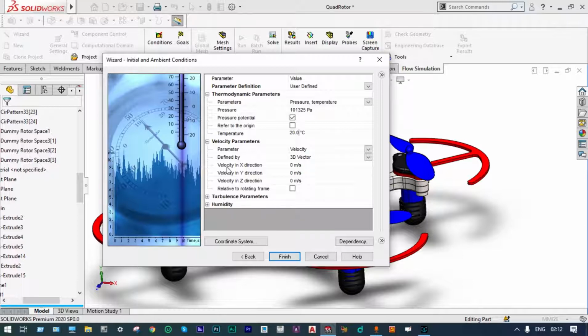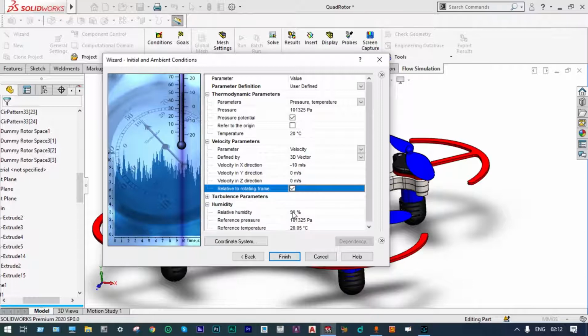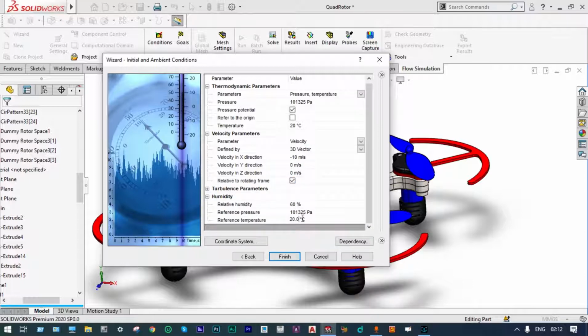For the velocity parameters, we consider that air will be moving along the x direction. Let us consider the velocity of air equal to minus 10 meter per second, as we will be moving in the negative direction of x, and this air velocity is relative to the rotating frame. We are considering humidity to be 60% at a temperature of 20 degrees centigrade and pressure 101325 Pascal.